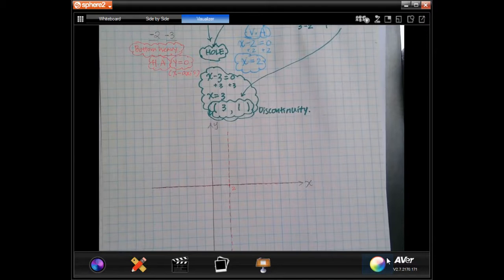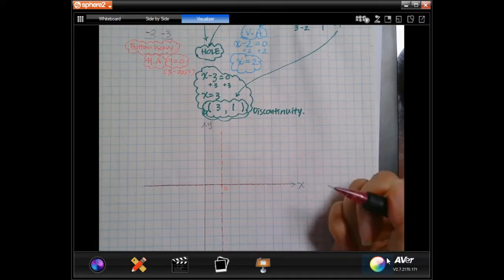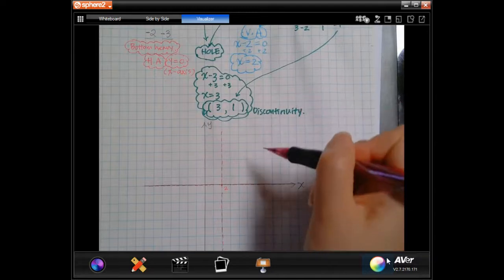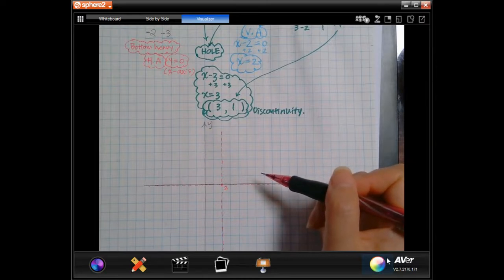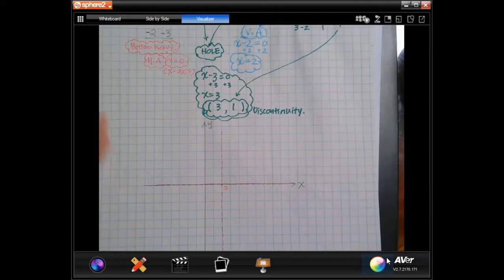Then now I can do some point testing so that I can have plots that I can connect to see the general shape of my curve there, right?